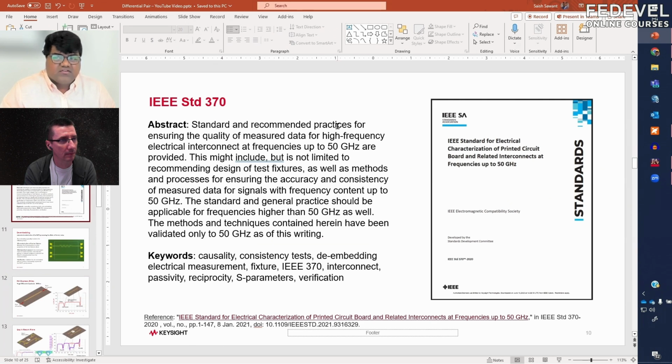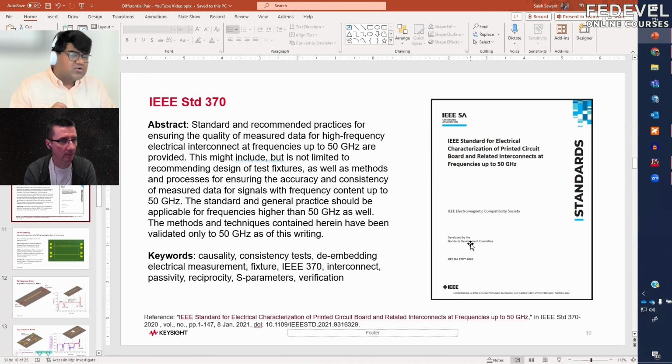This standard recommends practices to ensure that the data that you have is of good quality. It has things related to causality, what consistency checks you can do, de-embedding, what the fixtures are, reciprocity, passivity, and all.